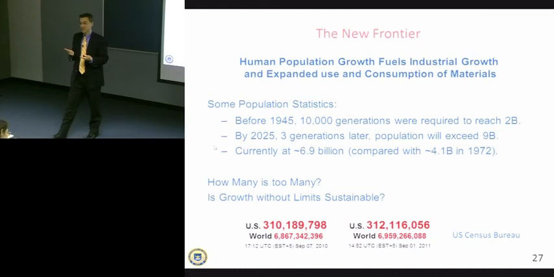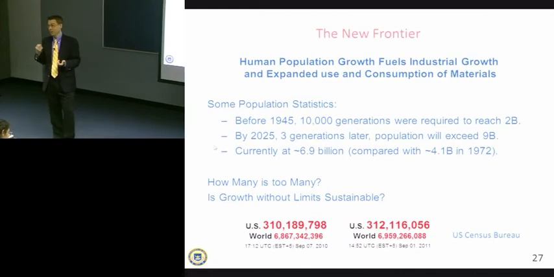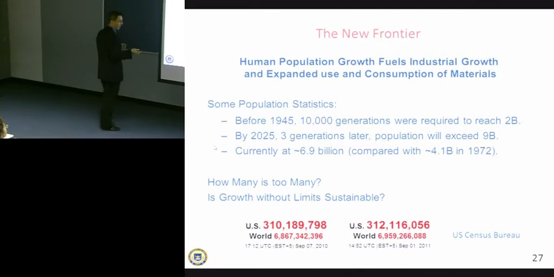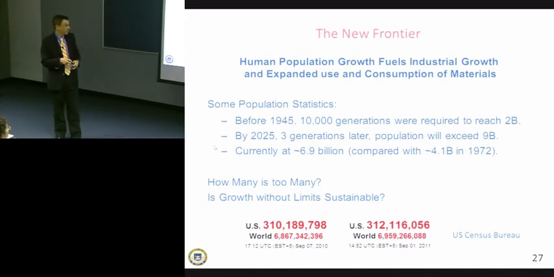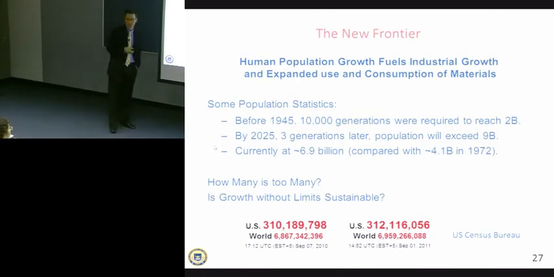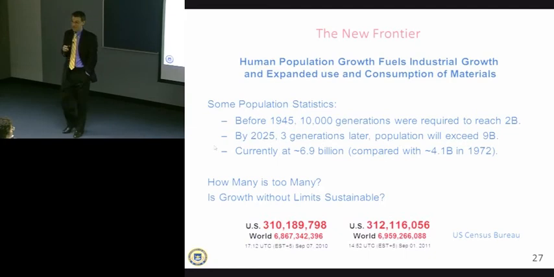And that's exacerbated, of course, as we've mentioned already, by the fact that the population is increasing. So this is our population clock, from last Thursday. Estimated by the U.S. Census Bureau, about 312 million people in the U.S., just shy of 7 billion on the planet.